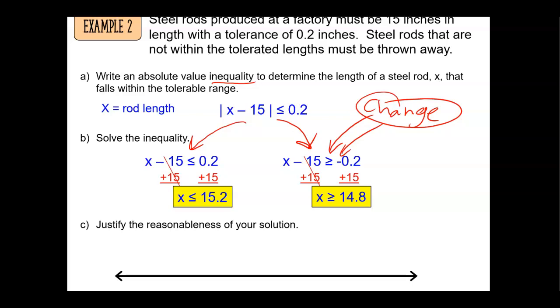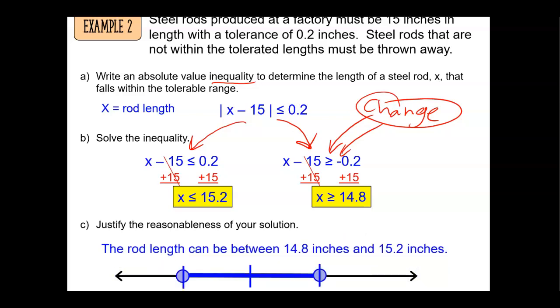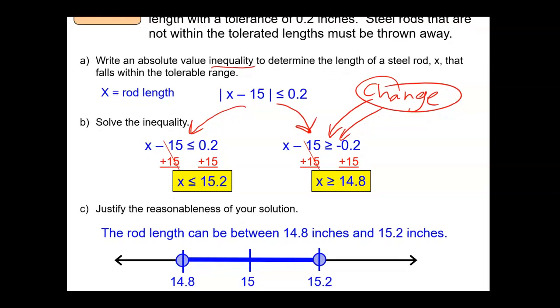Less than 15.2 goes to the left, greater than 14.8 goes to the right. You're going to end up shading in between them just like that. And these endpoints are shaded in. So go ahead and write that down. Make that little number line.